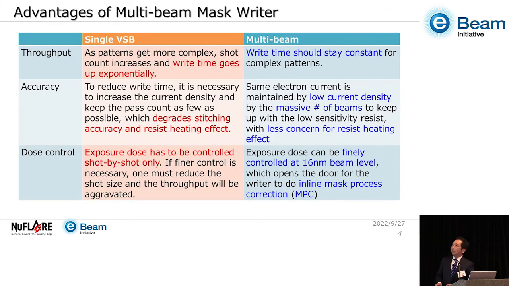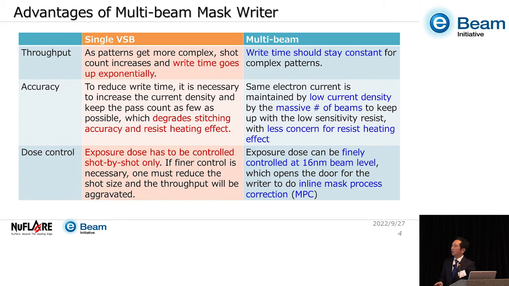And here I summarize the advantage of multi-beam mask writer. Later, I will compare the same thing for offline MPC and inline MPC, but let me start from the comparison between single VSB and multi-beam. And the point is throughput, accuracy, and dose control. In case of VSB, write time goes up exponentially as pattern get complex, but in case of multi-beam, write time stay constant because pixel count is constant.